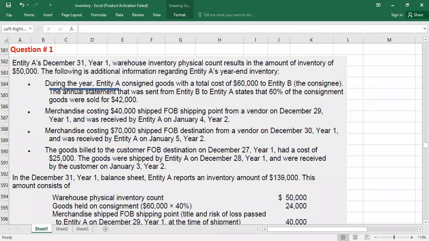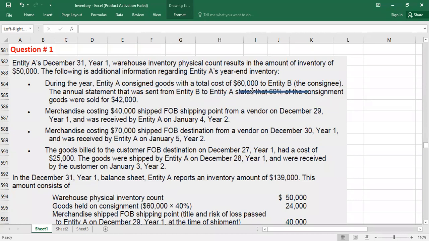During the year, entity A consigned goods with a total cost of $60,000 to entity B. So entity A is the consigner, and you have to apply the rule. If the goods are unsold by the end of the period, entity A will add them back in its inventory at cost.